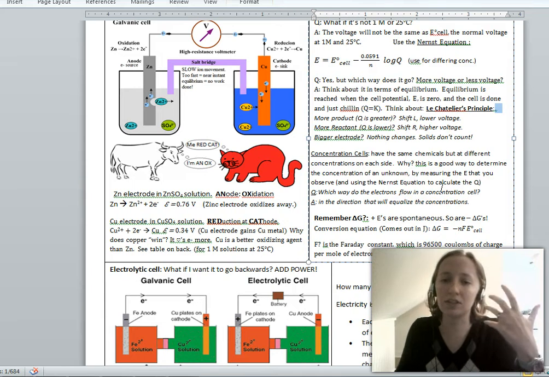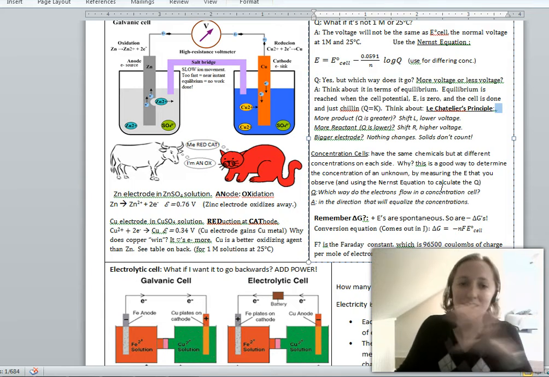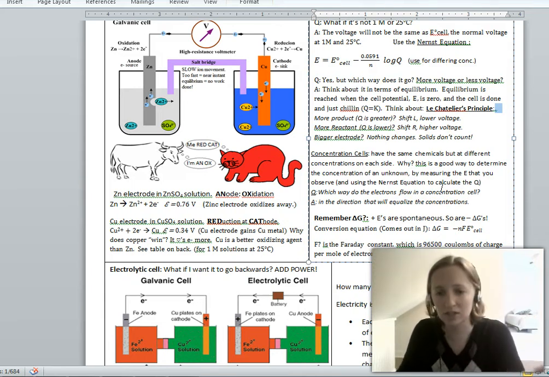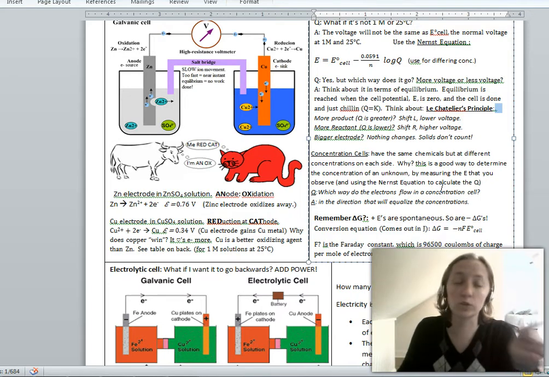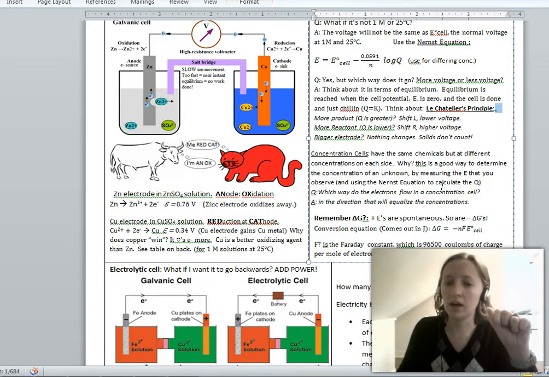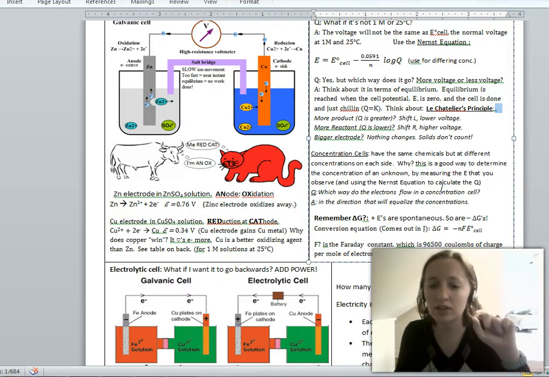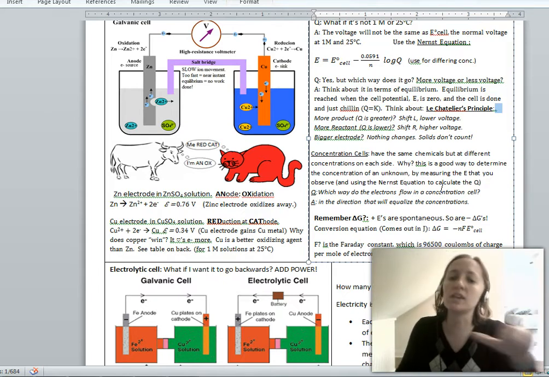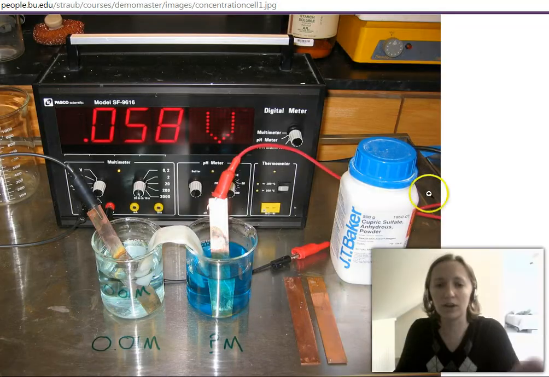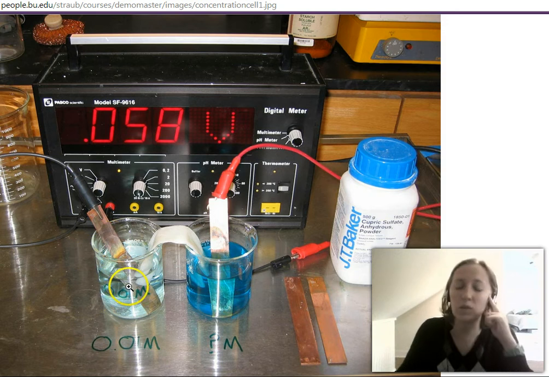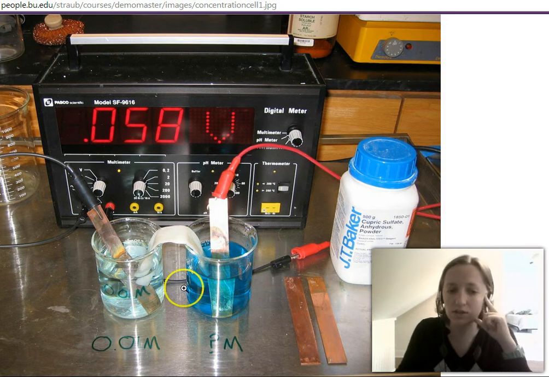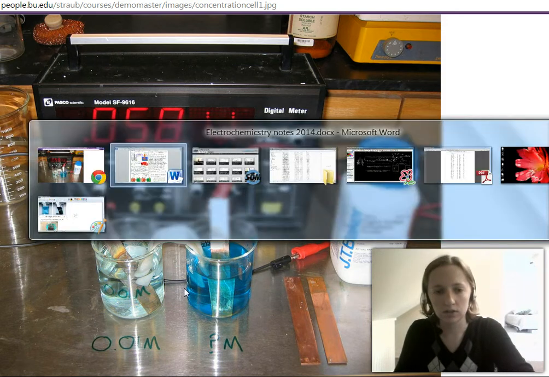You're going to have to understand the concept of a concentration cell: it's the same thing, different concentrations, and kind of qualitatively figure out which way the electrons are flowing. The direction that it will flow is the direction that will equalize the concentration. So if we go back to our picture, we need to have this blue stuff hop on and this copper hop off, and that will equalize the concentrations of these two.